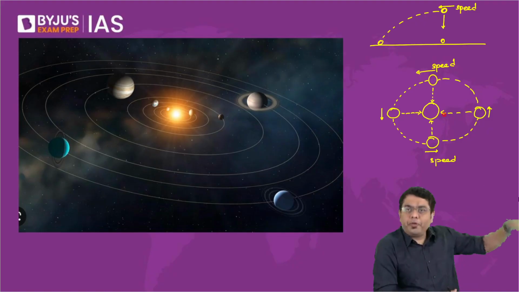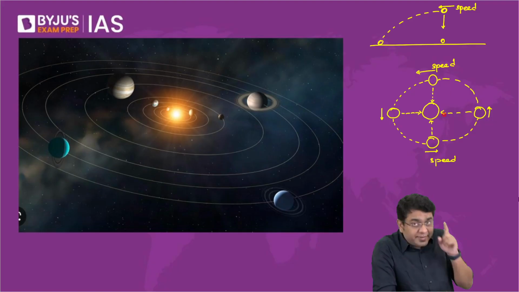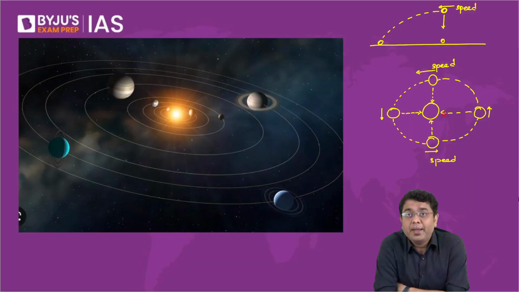But in that process, because it has got speed, it keeps on revolving around the sun. That is due to the force of gravitation. The same force is at play when the moon revolves around the planet Earth. The same force is at play when you launch any particular satellite.